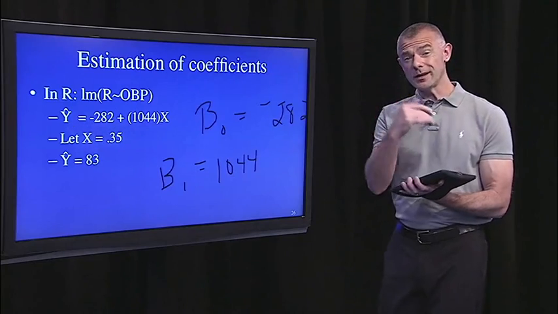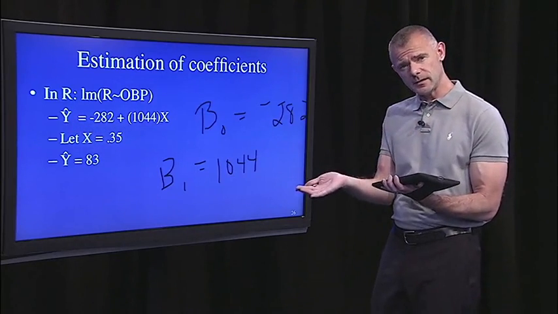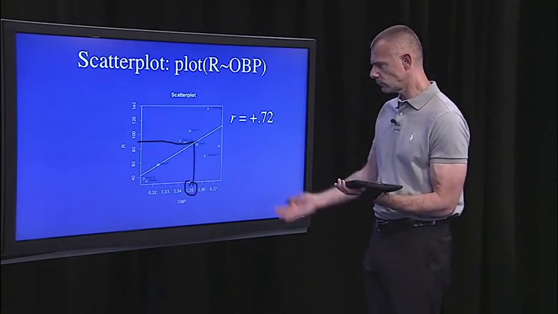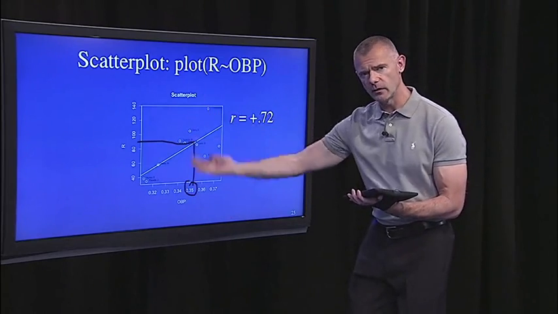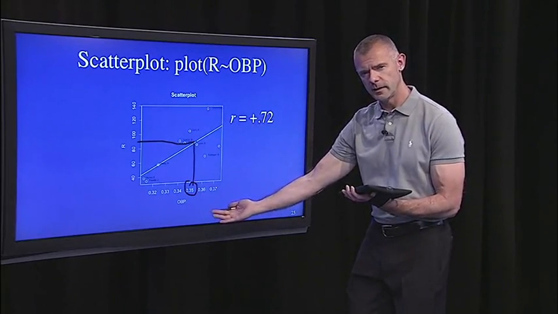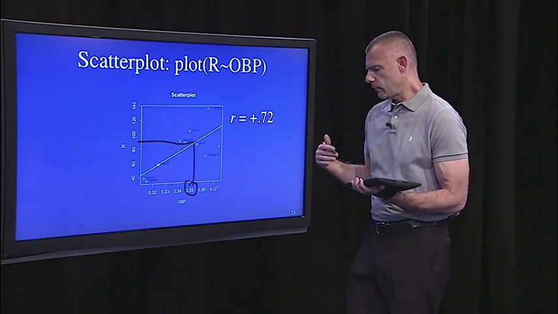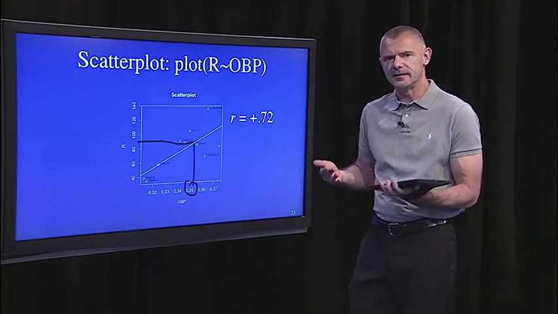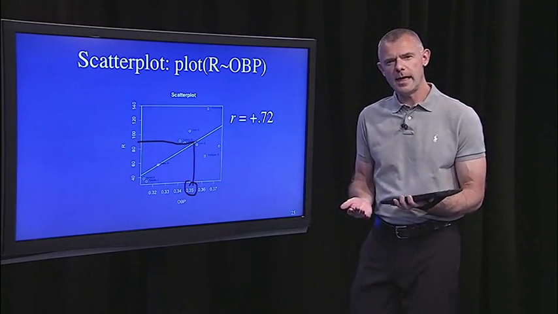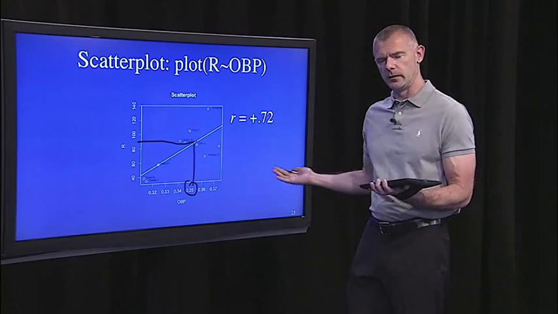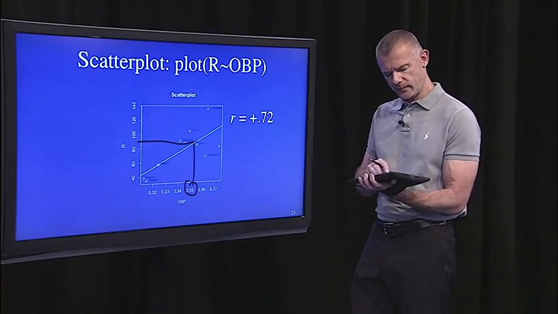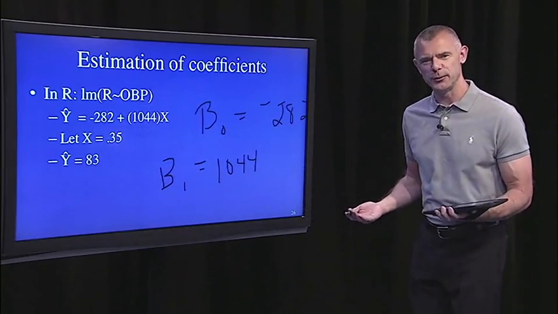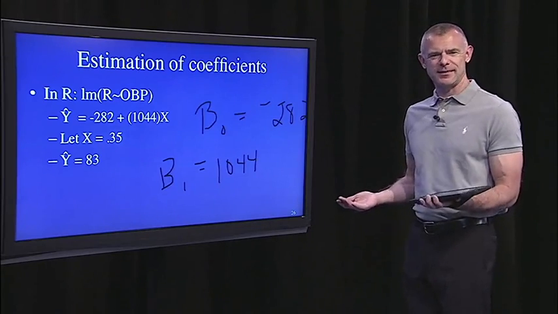Well, the intercept is the predicted score on y when x is 0. If we go back and look at the scatter plot, 0 isn't even on the axis, right? This would be what we would predict if somebody had a 0 on-base percentage. Well, that didn't happen for any of these players. So that's why we have such an odd predicted score. We would predict that they would score negative 282 runs because that didn't happen.